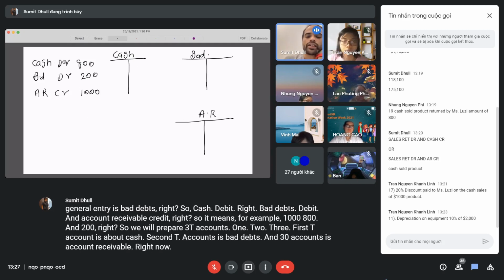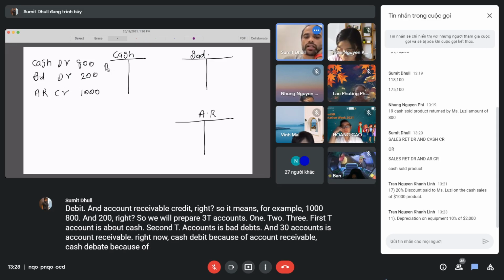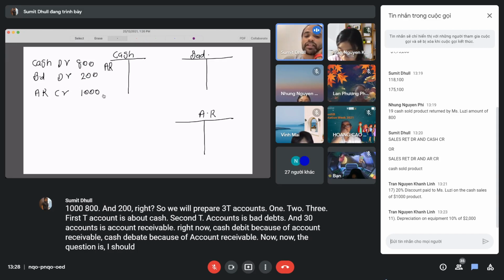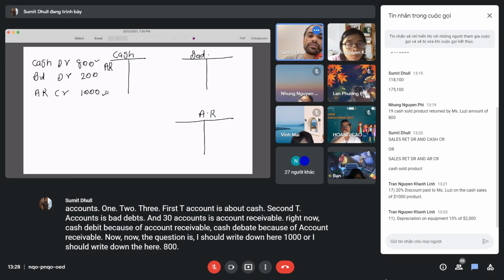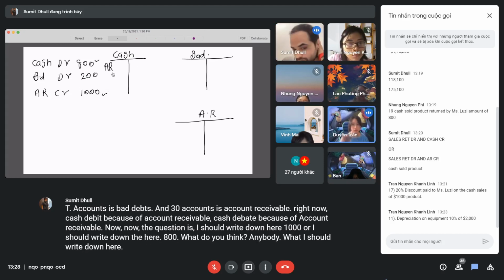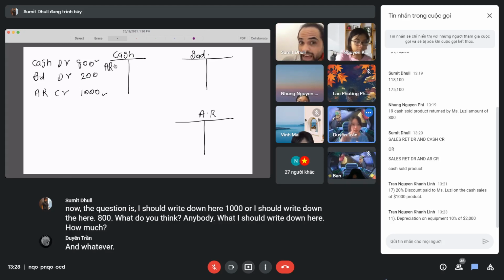Now, cash debit because of account receivable. The question is, should I write down here 1,000 or 800? What do you think? Anybody? What should I write down here? 800.